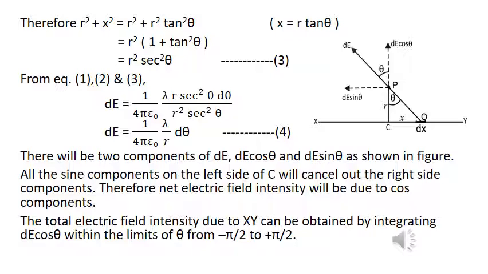Since it is of infinite length, theta can have the maximum value pi by 2 or 90 degrees, on both sides of point C. So taking C as reference point, theta on the left side of C will have the value minus pi by 2 or minus 90 degrees, and theta on the right side of C has the value plus pi by 2 or plus 90 degrees.